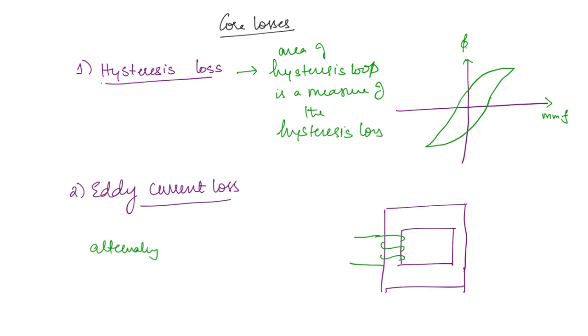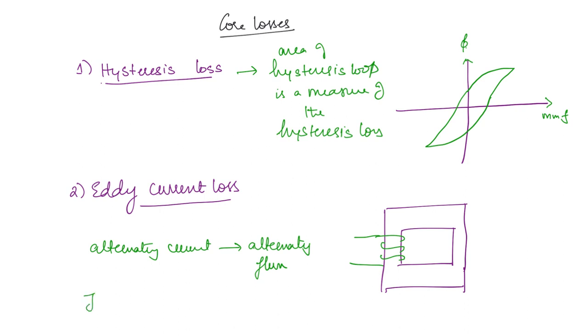Alternating current gives an alternating flux. So alternating is nothing but time varying, right? It is changing with respect to time. So when there is a time varying flux, an induced EMF will be produced, right? So an induced EMF will be produced in the magnetic core.